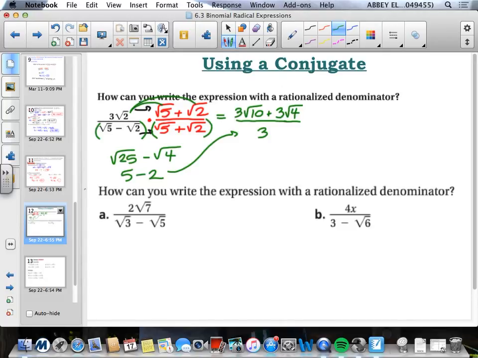So as we can see on the top, we might need to do a little bit of simplifying. This is 3 square roots of 10 plus the square root of 4 is 2. So 3 times 2 gives me 6 all over 3. And possibly on the final, you might see this simplified. You could see this as the square root of 10 plus 2 because the 3's cancel out, and what's 6 divided by 3? 2.